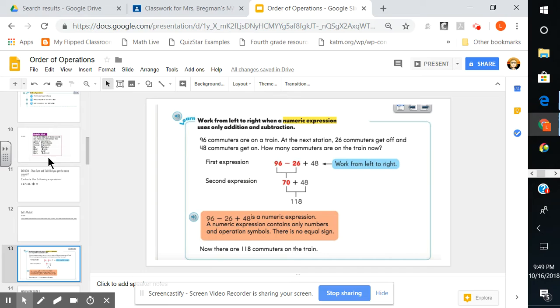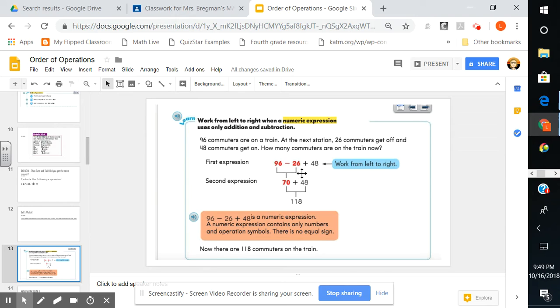Now we are going to do this first question. In your notes, write the word example, and then you're only going to write 96 minus 26 plus 48. So even though the subtraction comes first, you have to do the subtraction first because it's PEMDAS, but it's also PEMDASA. Subtraction, work from left to right. So we could do the subtraction first since that came first, and then the addition. 96 minus 26, and remember to write a little bracket.